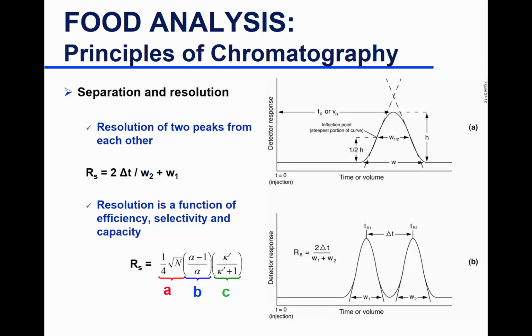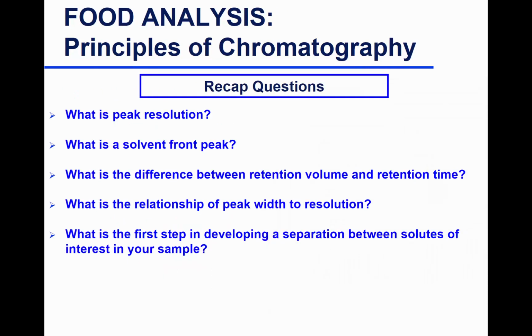And capacity, C, which has to do with the number of functional groups you have on the stationary phase. With time, these functional groups can be broken off or washed off, so you lose capacity with time. That's why you cannot use the column for eternity. It has a life. You lose efficiency, selectivity, and capacity over time. So resolution is defined by these three terms.